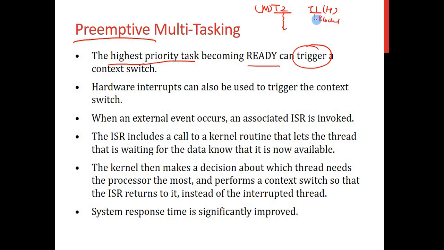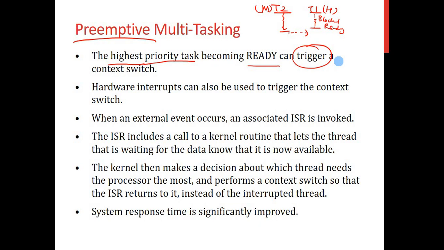At the point of time when task 1 becomes ready, I can immediately trigger a context switch over to task 1. Automatically the OS will allow the highest priority task that is ready to take over the CPU. That is the true nature of a real-time system, because when you assign a task a high priority, it means the moment it is ready to run, it should be given the CPU so that it can execute.